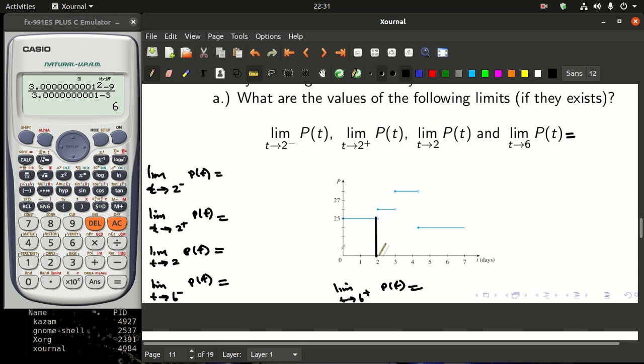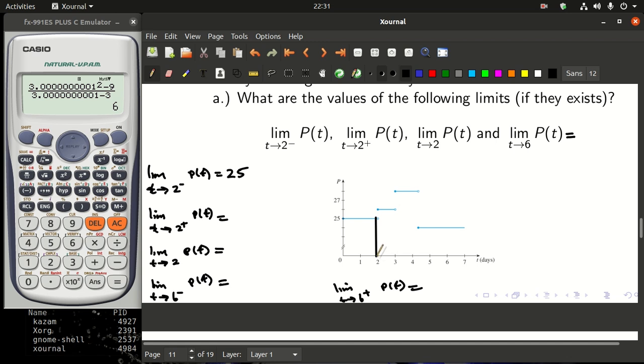So if you look, when I'm going on the left of 2, I am going all the way, and then I'm going to hit this curve at this point. The value of the curve at this point is going to be 25. So here I am going to have a 25. So pick a point just on the left of 2, such that the calculator and the computer is not going to pick it up, but I've picked a point here.